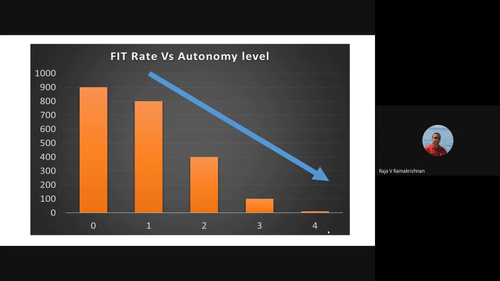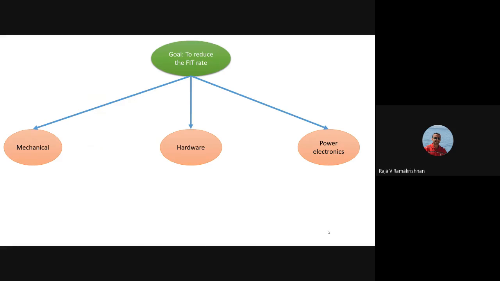If you take a system, especially an autonomous mechanical or mechatronic system, there's a mechanical area, there's hardware, there's power electronics. So what do you do for most of these areas? Mechanical is usually covered. How do you bring down the FIT rate of a mechanical system? If you have a gear and a ball screw and all that, how do you bring down the mechanical FIT rate?